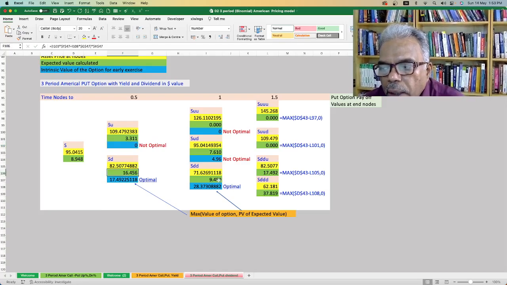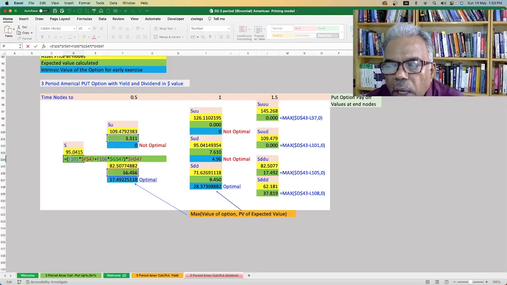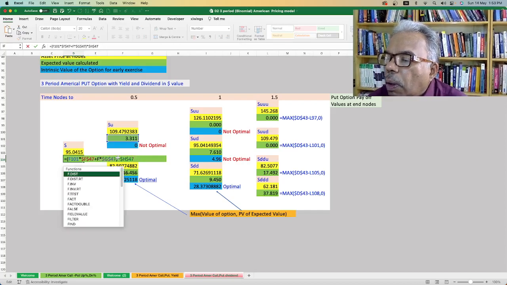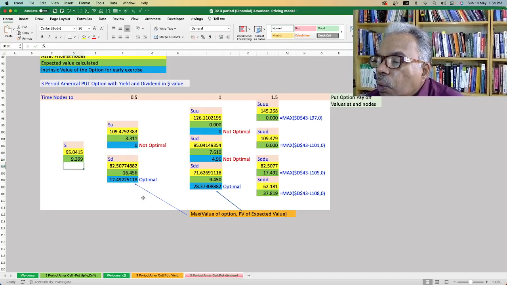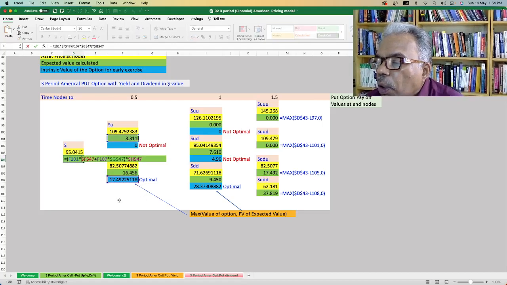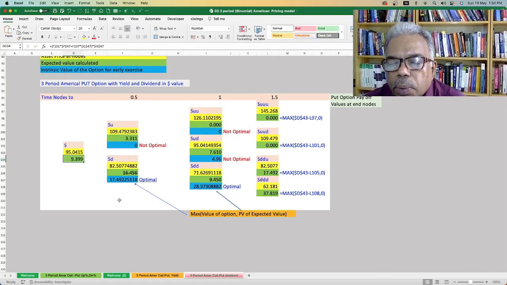Again, we can simply ignore this one, and while going backwards, we take 3.311 into our probability, and then we take 17.49 into the down probability into the discounting factor. Now the put option price is 9.399.